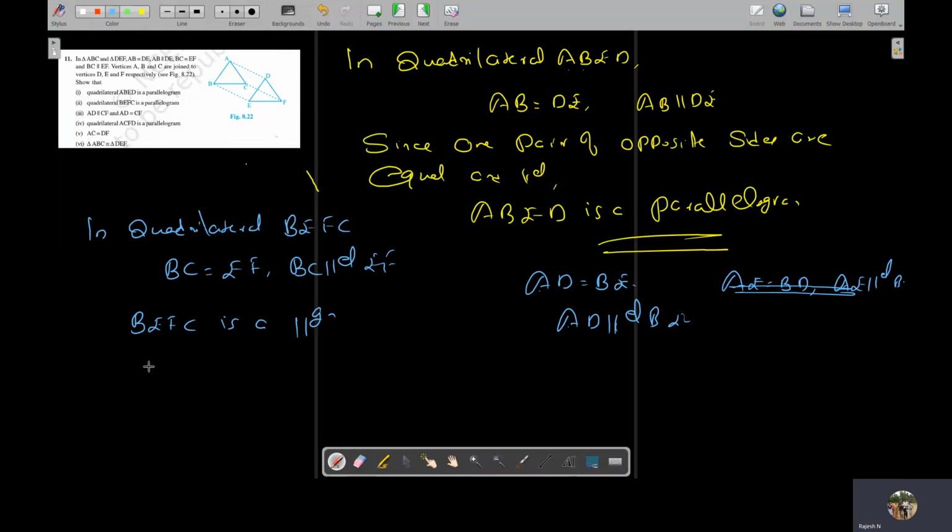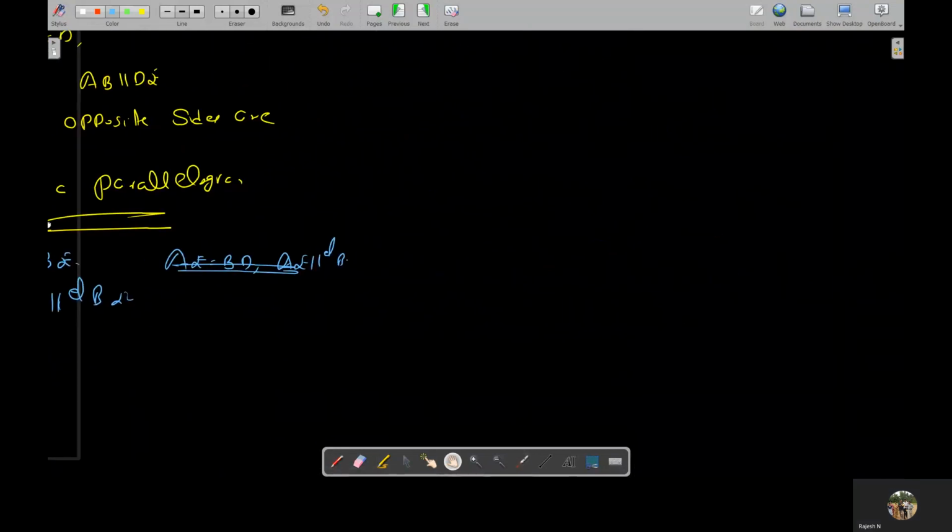Here you see BEFC is a parallelogram, which means BE is equal to FC, and BE is parallel to FC. Now, we proved that AD is equal to BE, and BE is equal to FC.